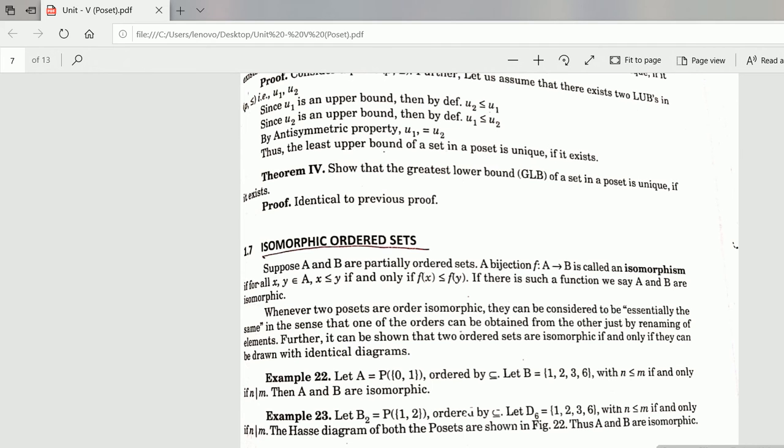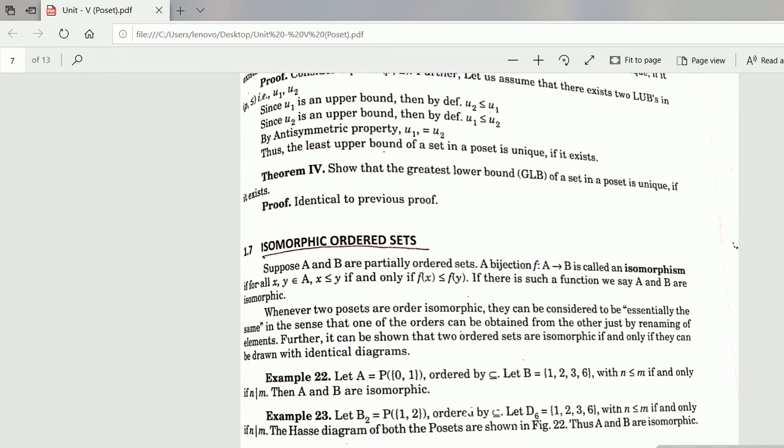A bijection f from A to B is called an isomorphism if for all x, y belonging to A, x is less than or equal to y if and only if f(x) is less than or equal to f(y). If there is such a function, we say A and B are isomorphic.